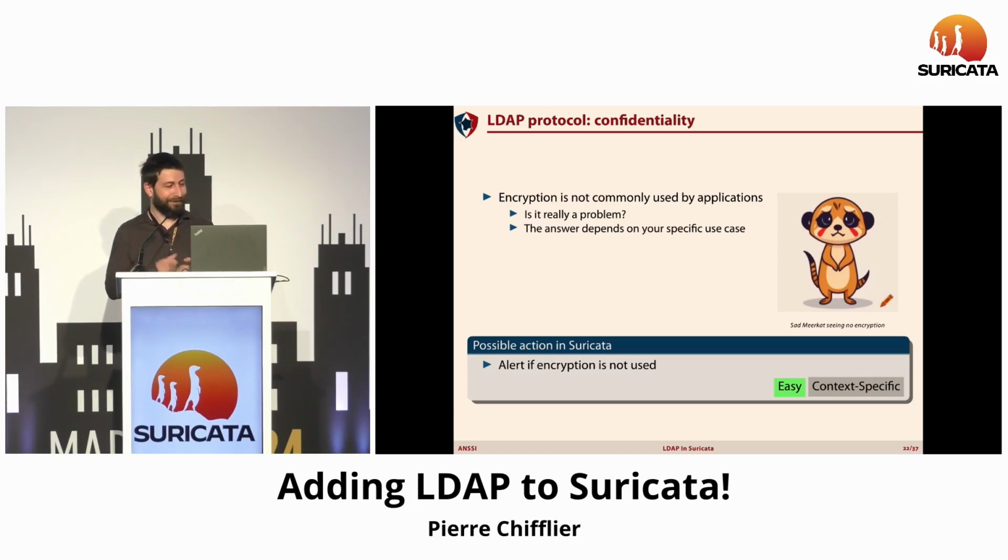So the logic most applications use is we don't care about confidentiality, we will just use plain text connections, which is somehow good because if there were encryption, we couldn't write the following rules. So we will just focus on that.